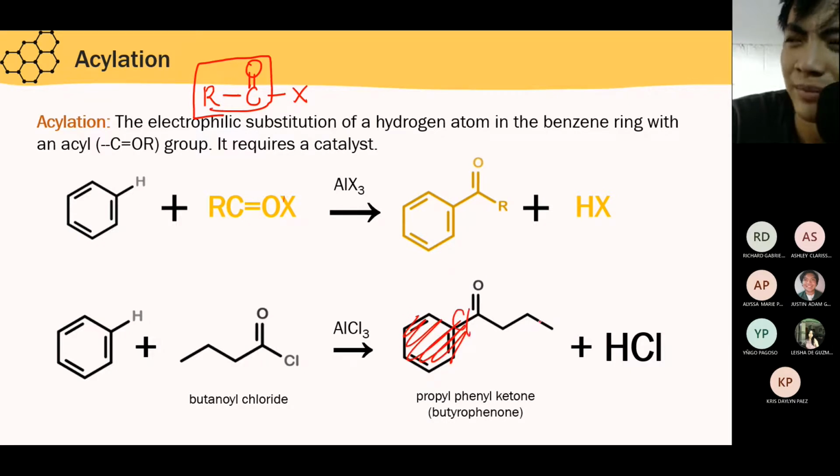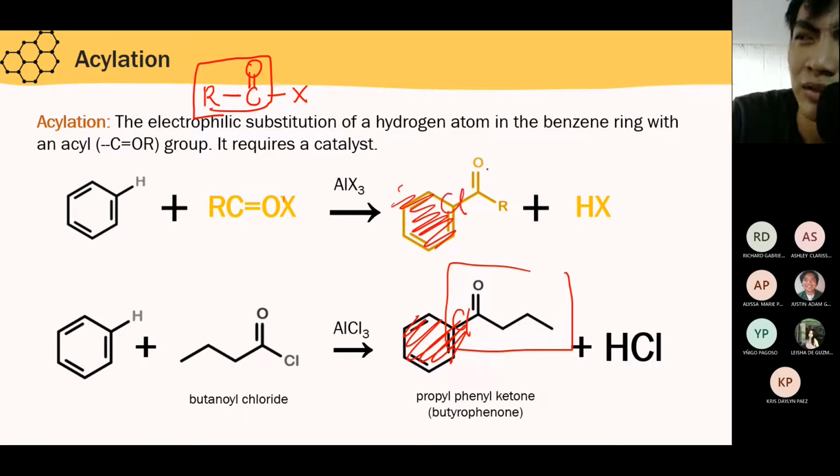Let's say Cl ulit. So, itong molecule na to, yung reagent mo. Whatever the final product is, tanggalin mo lang yung benzene, palitan mo ng chlorine. Yun yung molecule na i-react mo with benzene.